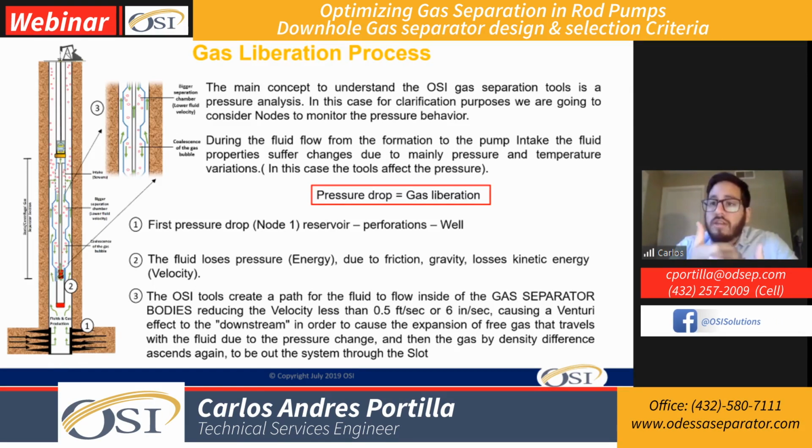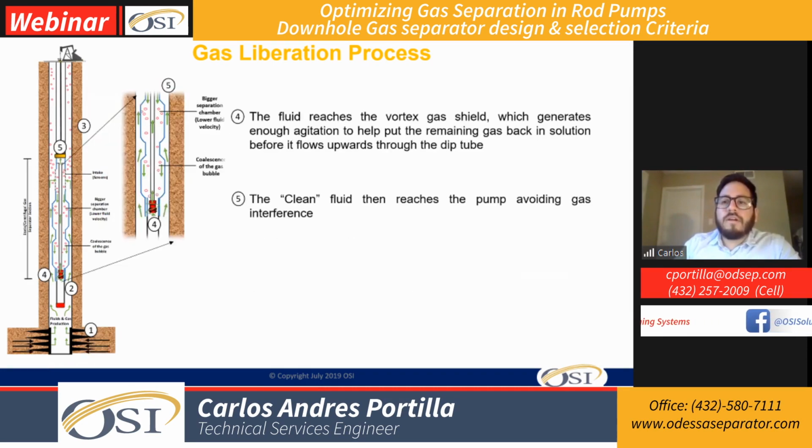We want to achieve that by reducing the velocity through either one or three gas bodies, so we have that certainty that we are separating the gas. The vortex will generate agitation, break the gas locks, and help us be sure that we are pumping clean fluid.